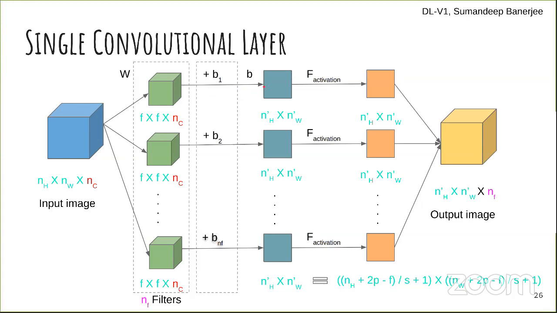Okay, so here whatever the operation we learned in the previous slide, we put together in one place, and we put it in the form which is familiar. Now it's familiar what you have learned in dense neural networks. So we have an input image which is nh into nw into nc, and we have a set of nf filters which we apply, and each of the filter is of size f cross f.